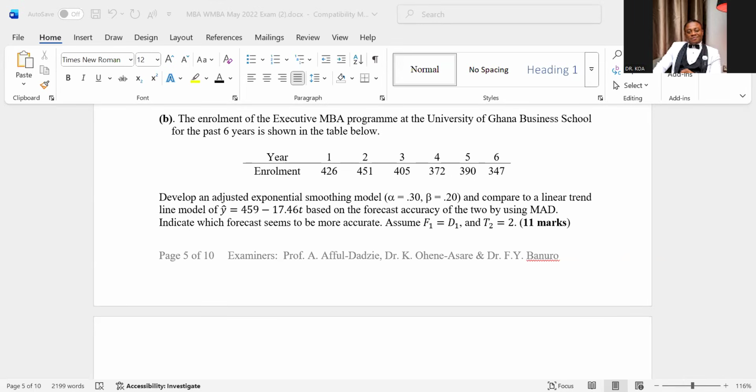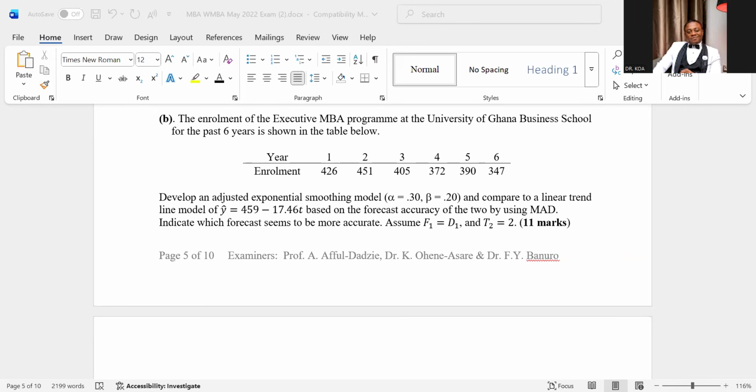a linear trend line model of y equal 459 minus 17.46 times t, based on the forecast accuracy of the two by using MAD.